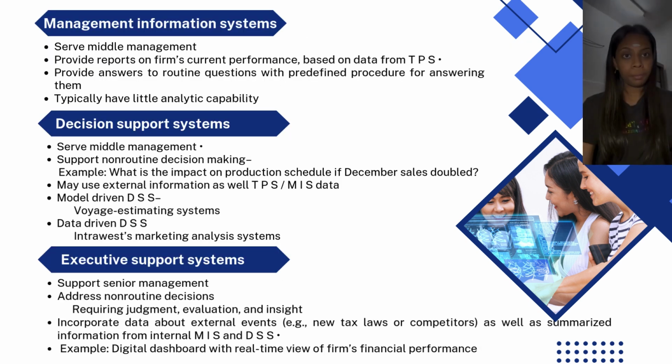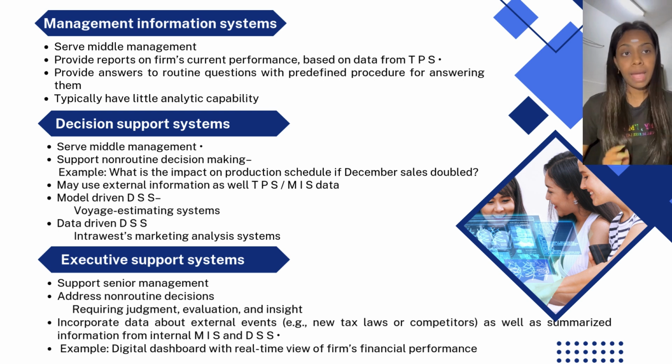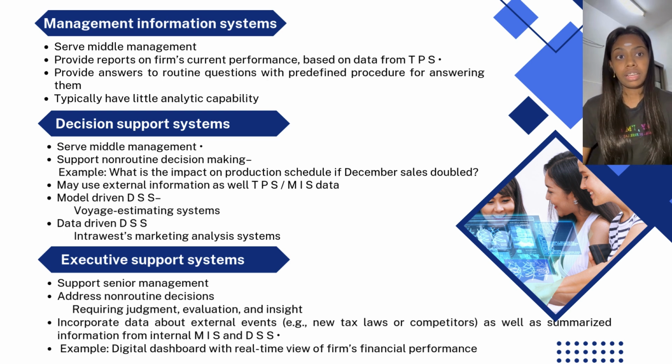Moving on to the third one, management information systems, MIS, are designed to support middle management by providing them with a clear picture of the company's current performance. These systems rely on data collected from transaction processing systems, TPS, which track daily operations to generate reports that summarize key performance indicators. MIS are particularly adept at answering routine questions, often using predefined procedures to ensure consistent and reliable information.